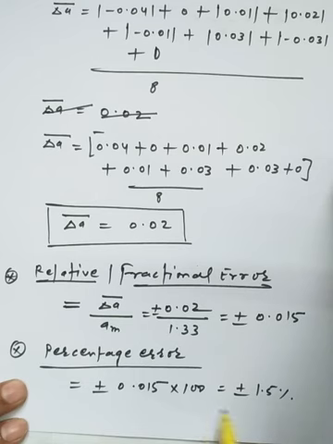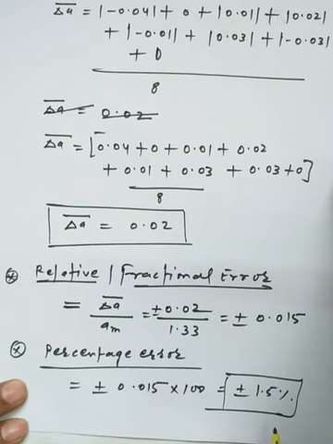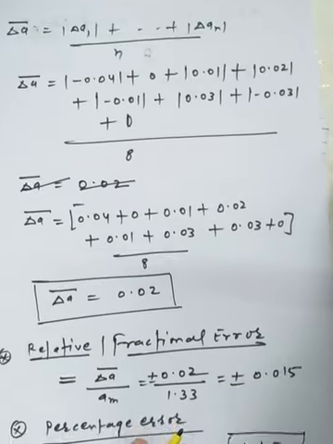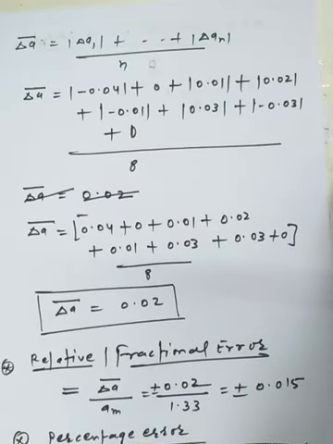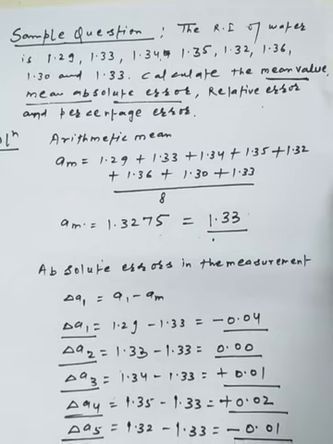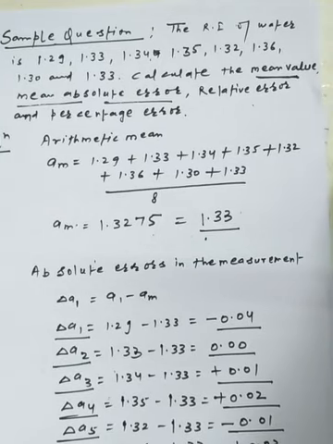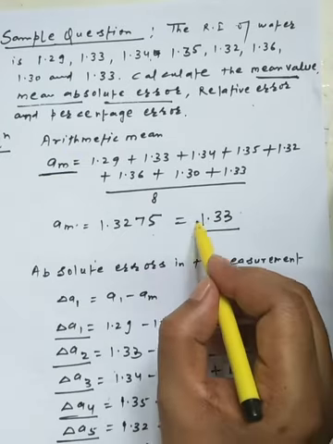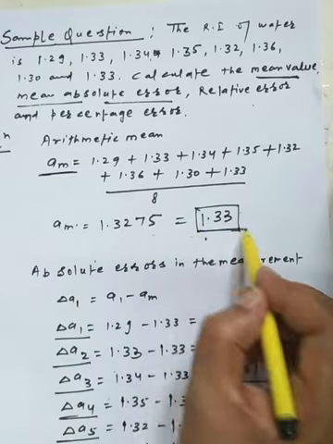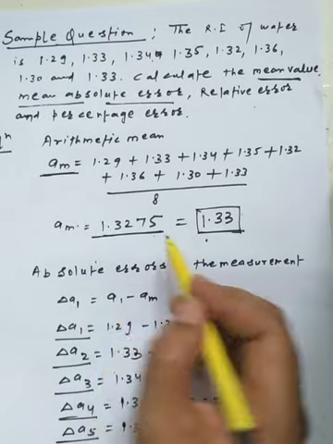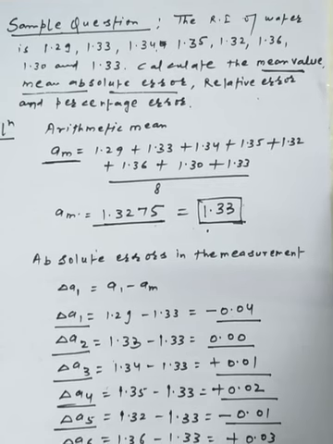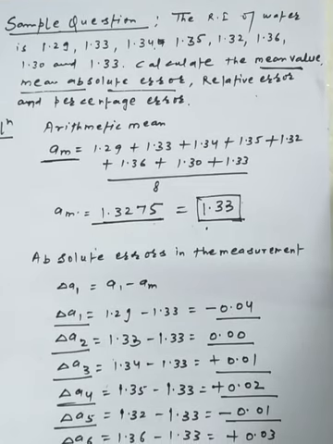So dear students, we have got the four values of this numerical, where we were given the measurements of the refractive index as the physical quantity. First we measured the arithmetic mean, because we don't have the actual value of the refractive index for this condition. We got the arithmetic mean as 1.33 after rounding off. You can use the general rules of rounding off.